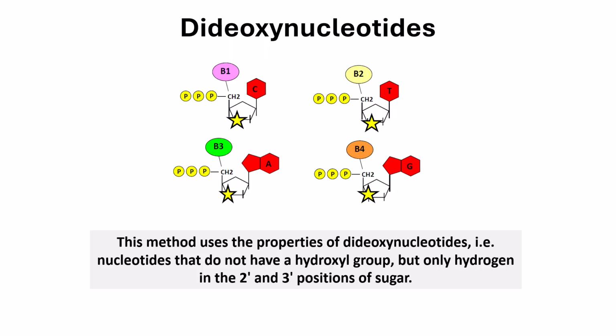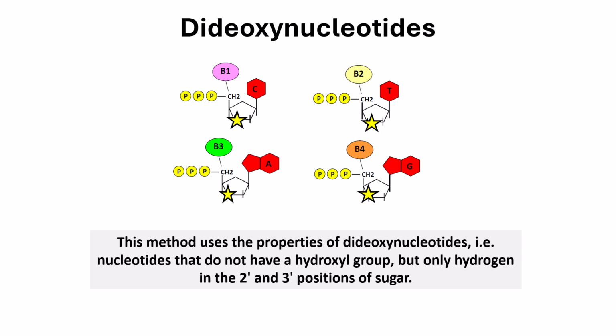In this method, a special type of nucleotides is used. They are called dideoxynucleotides. What is special in these nucleotides? They are dideoxy, so they don't have the OH group at the 2' end, as every deoxynucleotide, but also they don't have the OH group at the 3' end. So it's one of the modifications.